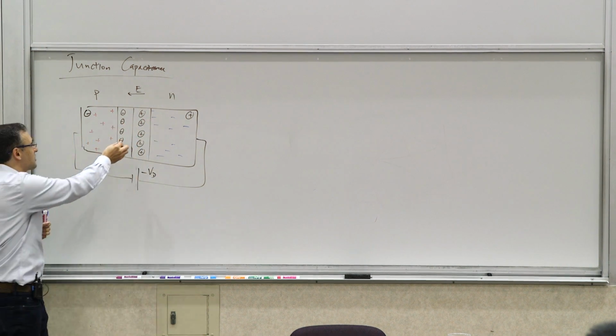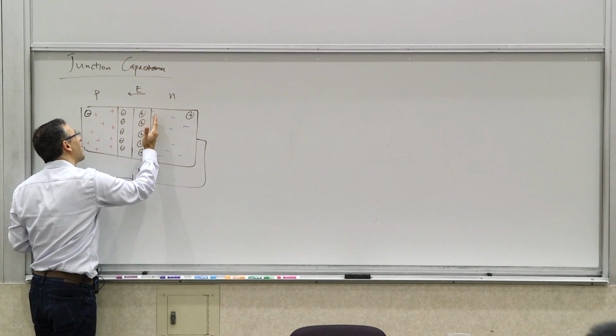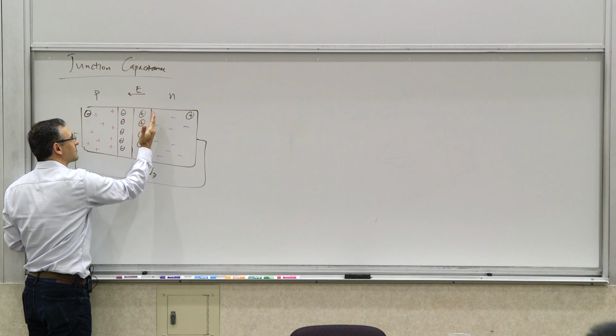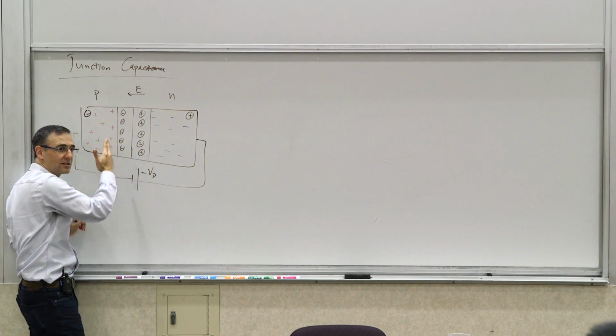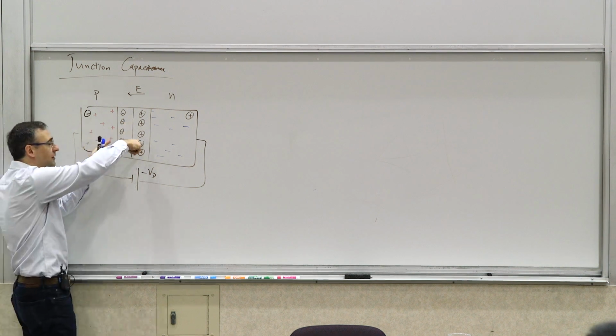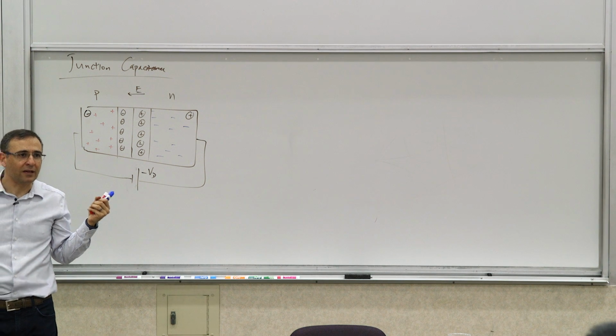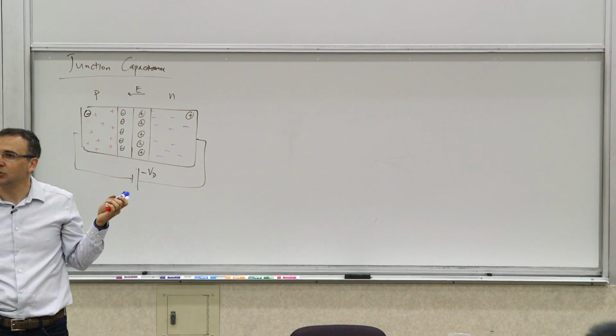But regardless, these charges can move back and forth. These are free charges. So does this not look like a plate of a capacitor? This is like one side of the plate, and this is the other side, a parallel plate capacitor, because you have free charges moving around. Yes, there are some built-in charges in the middle, but they're not mobile, so they're not going to be doing anything unusual.